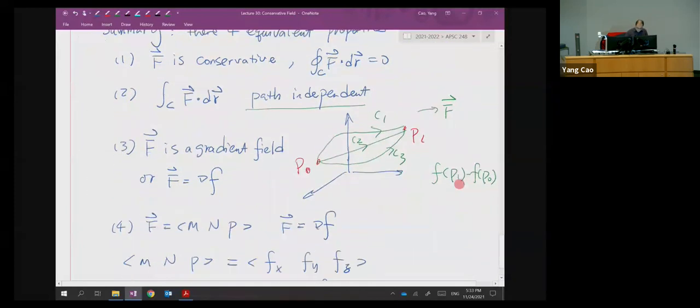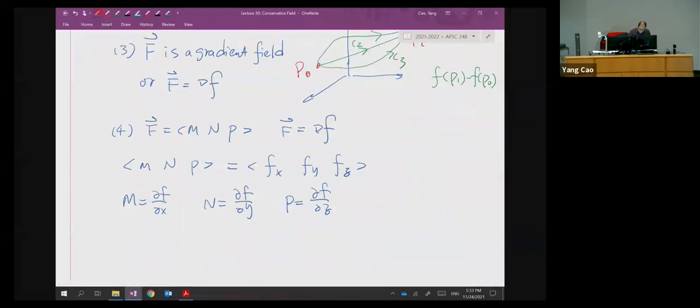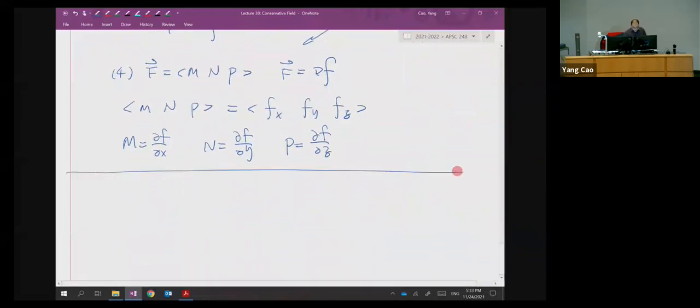So the next time you happen to have a conservative field, and we'll show you how you can prove that F is conservative, then the vector line integral can be calculated much more simply than with the traditional approach. So now it begs a question here.